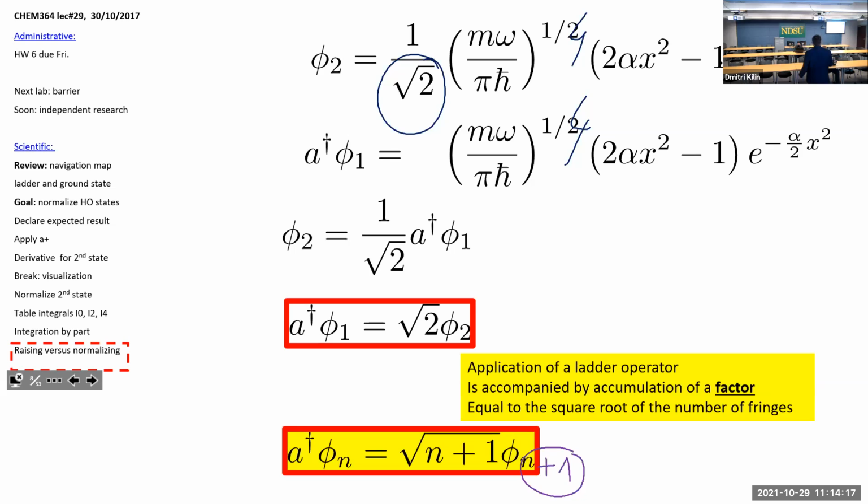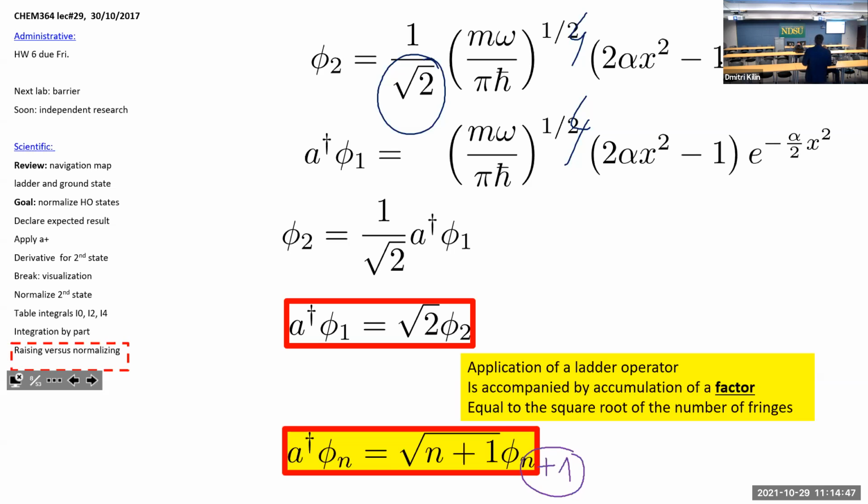If we apply the creation operator to a certain state, and last time it was state number 1, we got state number 2, but upon carefully processing normalization, we found that the actual normalized eigenstate number 2 and the result of operating the creation operator on state number 1 differ by a factor of square root of 2, right?